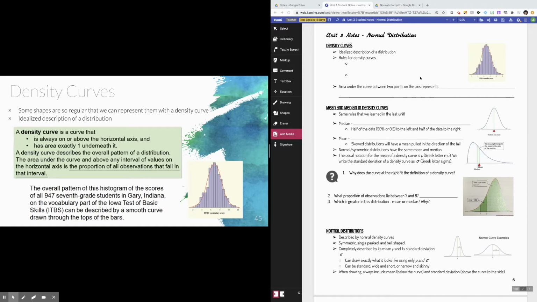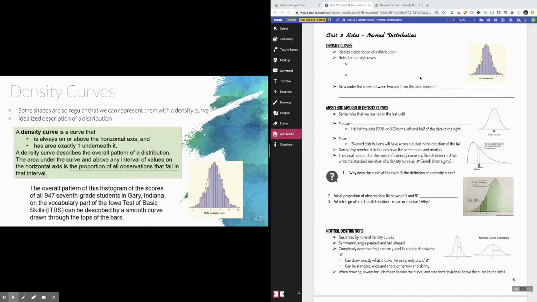So you get a density curve when you take lots and lots of samples of a particular variable in a data set. It's like when you take a sample size and make it much, much larger.